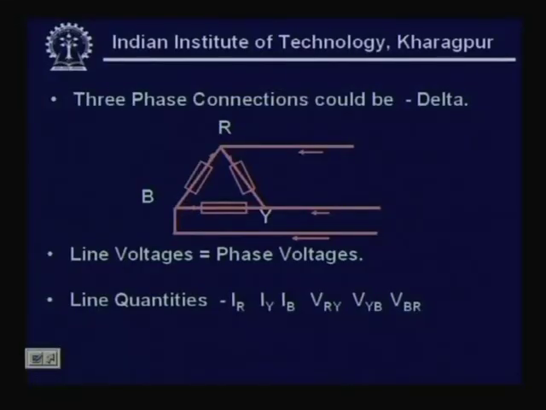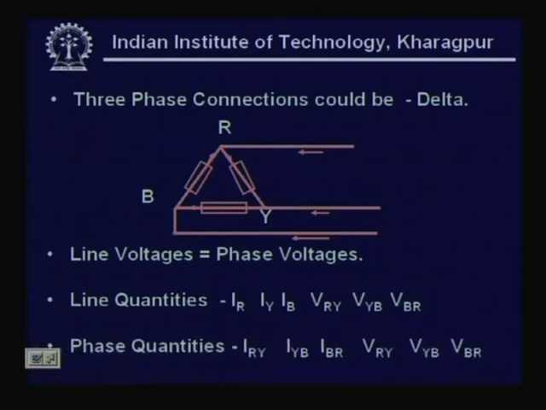As I told you, there are line quantities which are IR, IY, IB, VRY, VYB, VBR, and phase quantities IRY, IYB, IBR, VRY, VYB, VBR. So in case of a delta, we have line voltages equal to phase voltages.